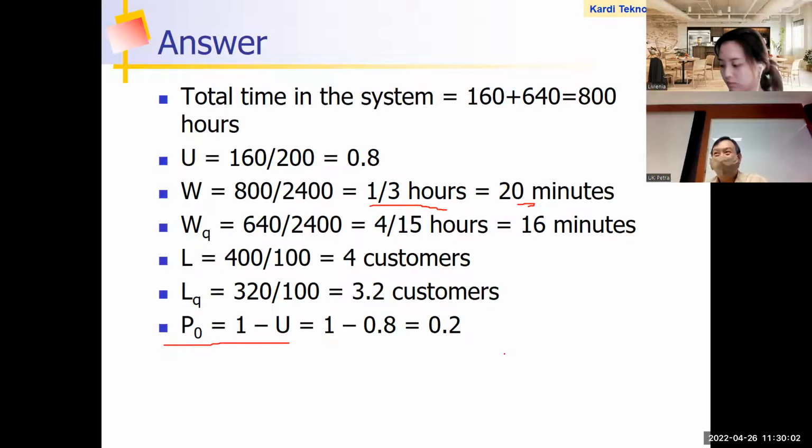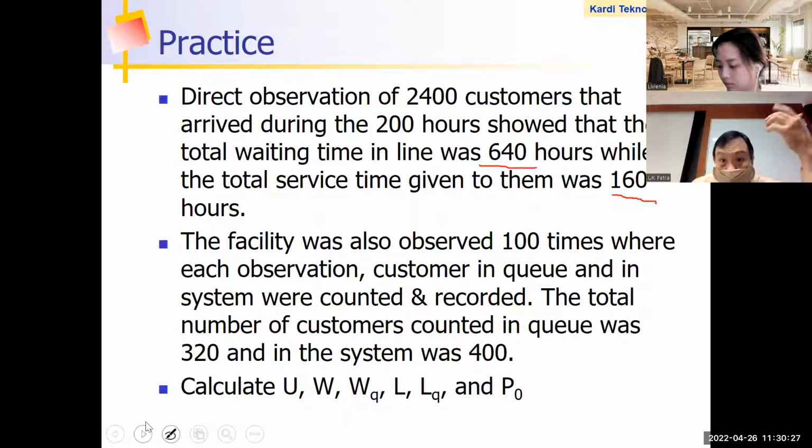That's why 1 minus U. So how long is the server being utilized? 160 divided by 200. So this is for one lane. And this is actually just one lane.